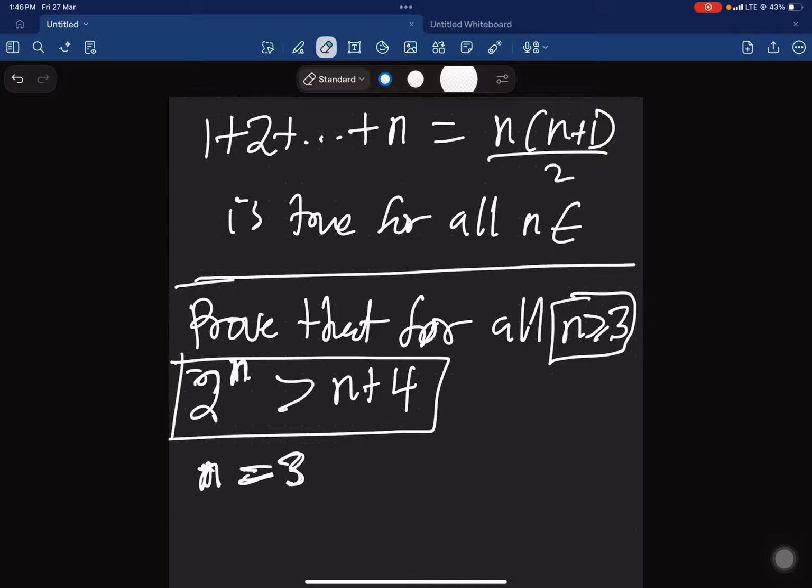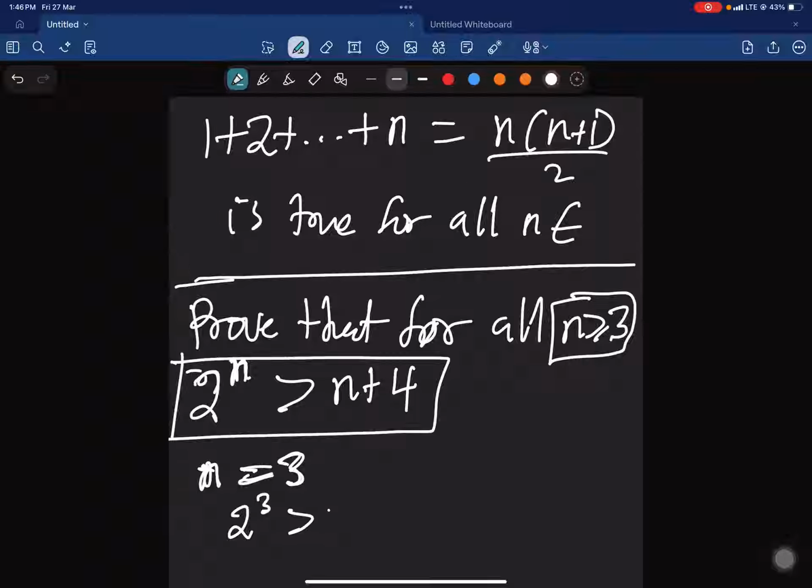So now let's check for n equals 3. It means we are going to have 2 to the power 3 greater than 3 plus 4. And this implies 8 is greater than 7, and that is true. Okay, so this is true. Now let's move to the implication.